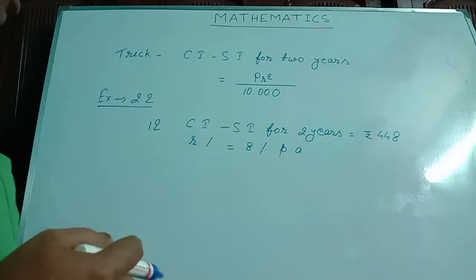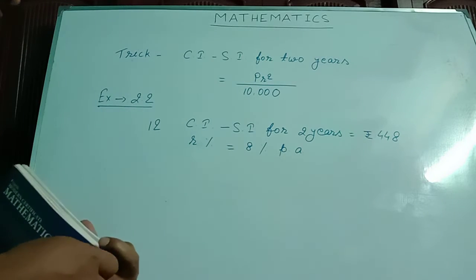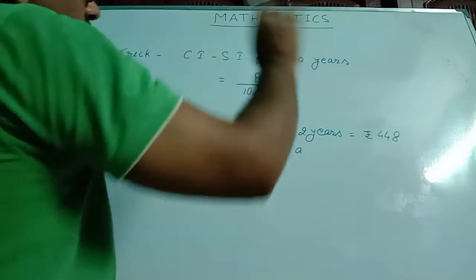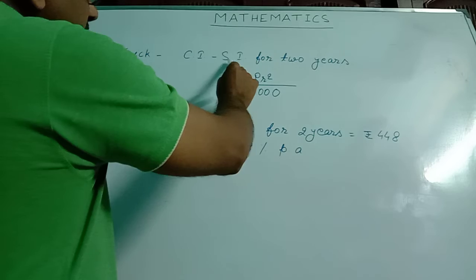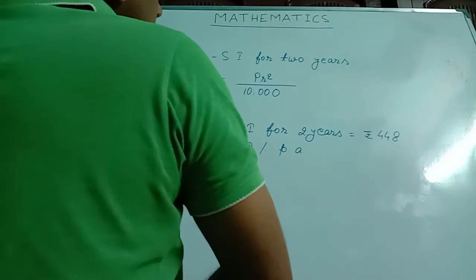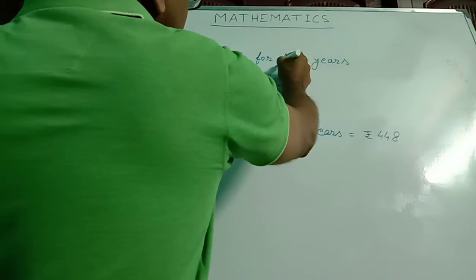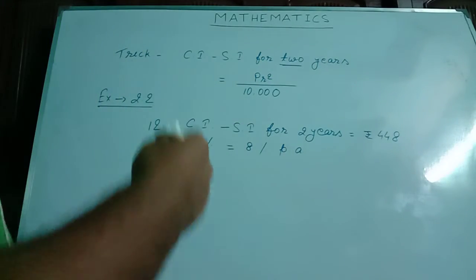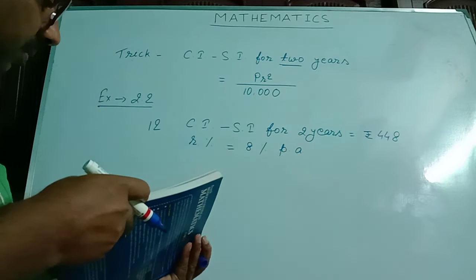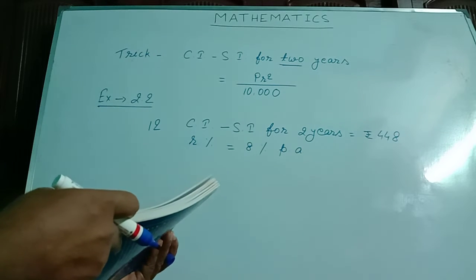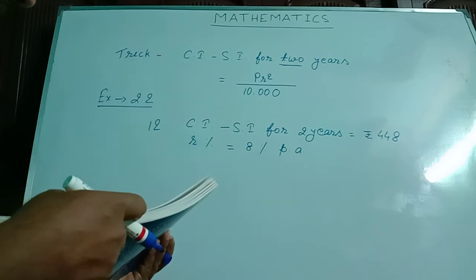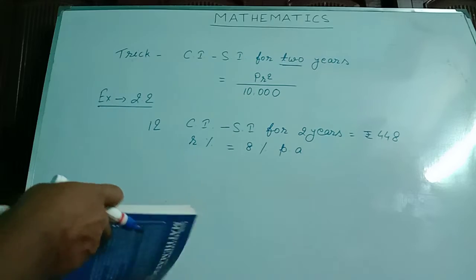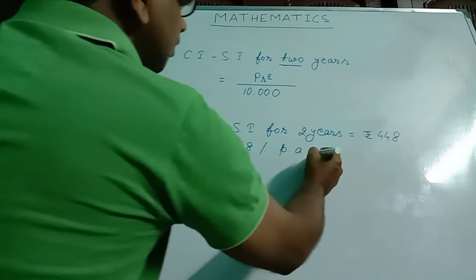Again I want to repeat at this place, this trick is applicable when your question is related with CI minus SI for 2 years. This is mandatory, time should be only 2 years. These informations were given in the question. Difference between CI and SI for 2 years is 448, and the rate of interest is 8% per annum. We are asked to find the sum.